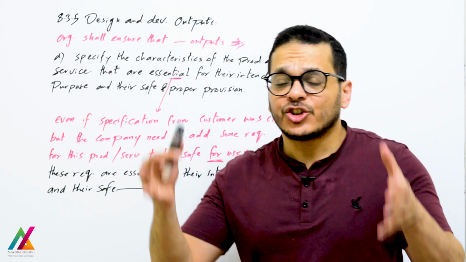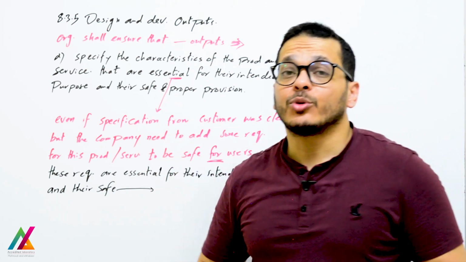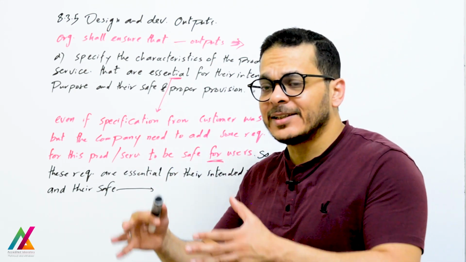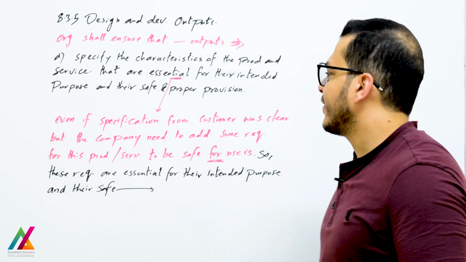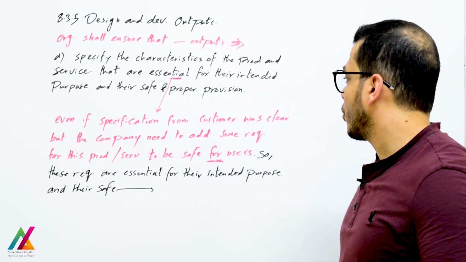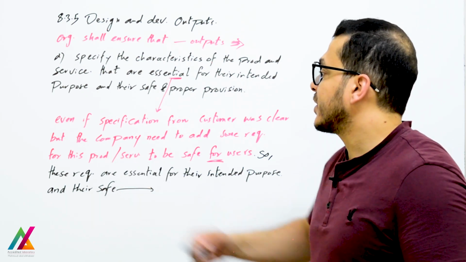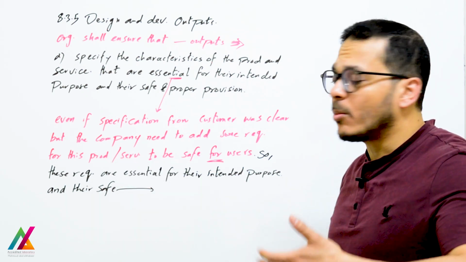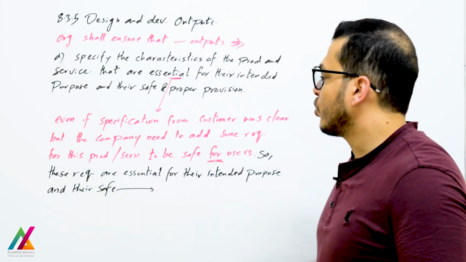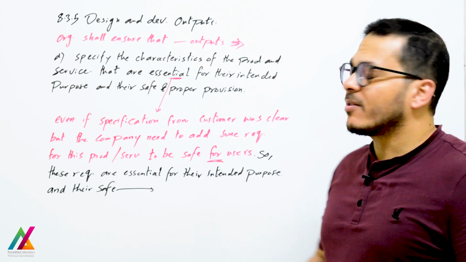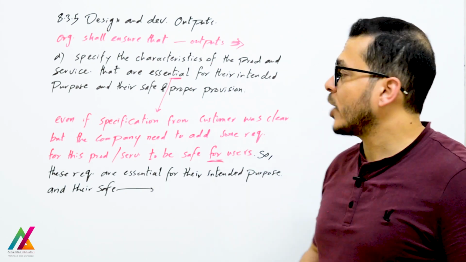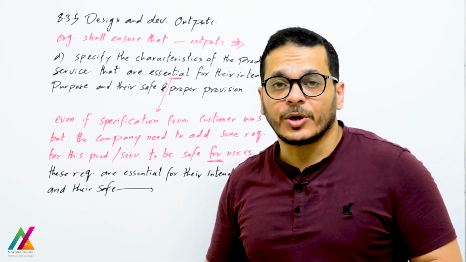These requirements shall also be added to the inputs to get, at the end, a product which is safe for users. So even if the specification from the customer were clear, the company needs to add some other requirements for this product or service to be safe for users. So these requirements are essential for their intended purpose and their safe and proper provision.